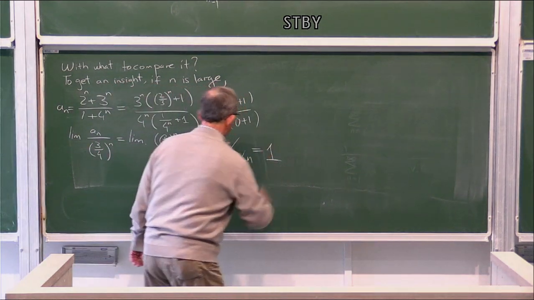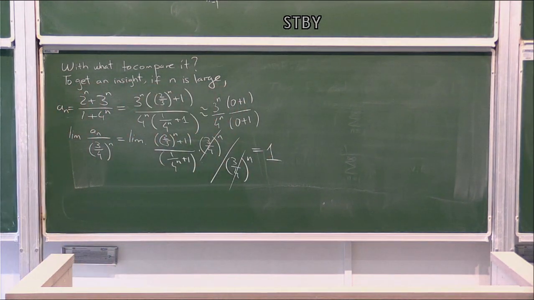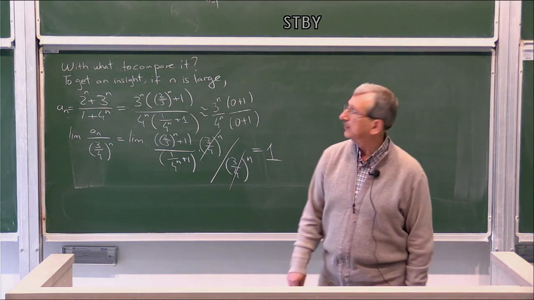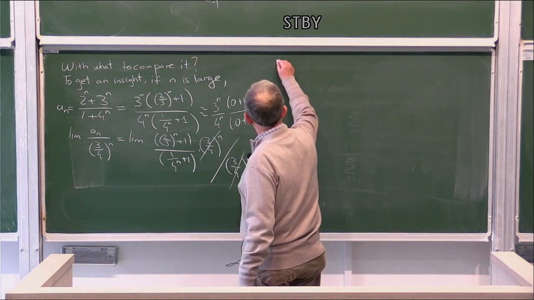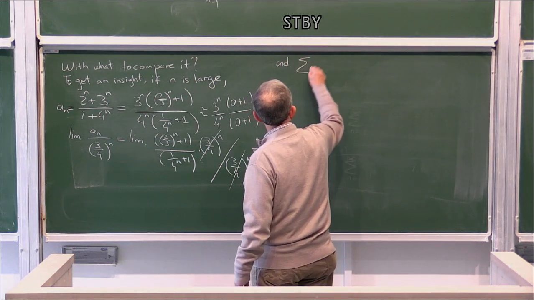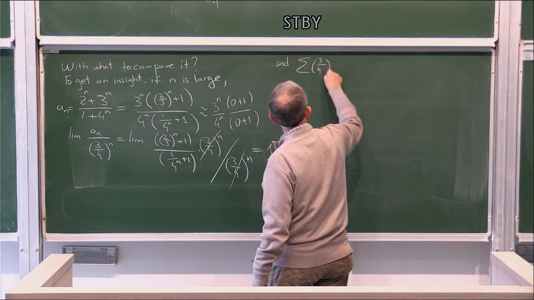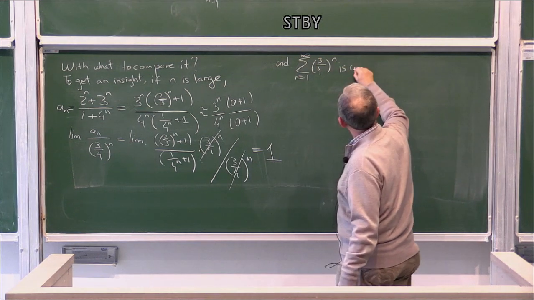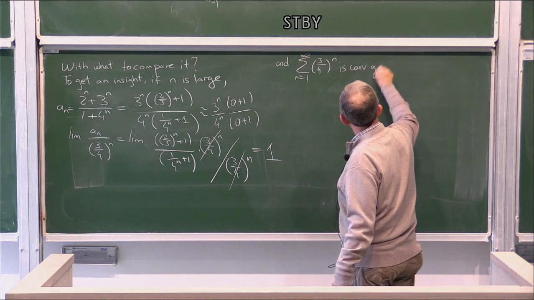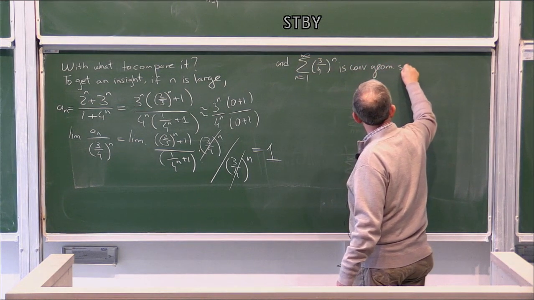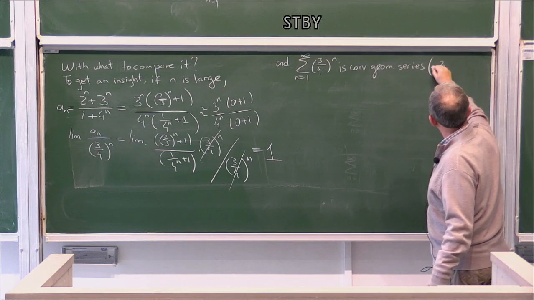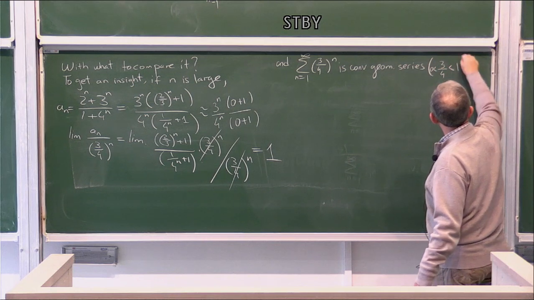So the limit is 1. Okay, this tells us that our guess was correct, and the series 3 over 4 to the n is convergent, a geometric series. Namely, 3 over 4 is positive, and it's less than 1.